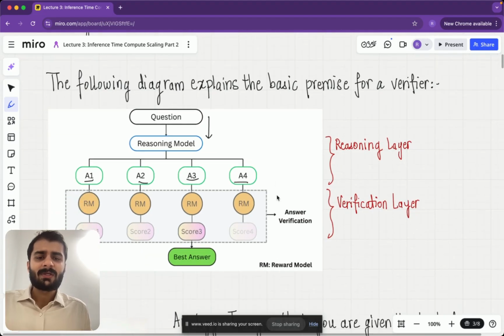Now, there is a verification layer in between which verifies which answer is the best out of the four answers, and then finally, the best answer is given. This is called the verification layer, and we are going to learn exactly about this layer in today's lecture.